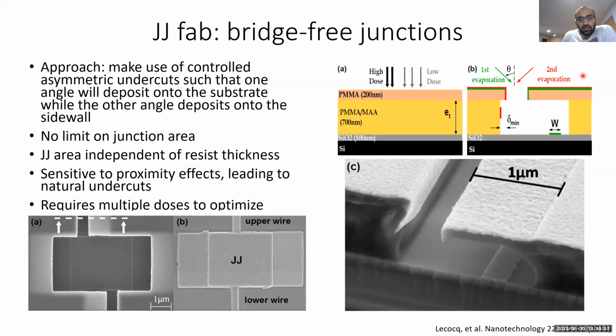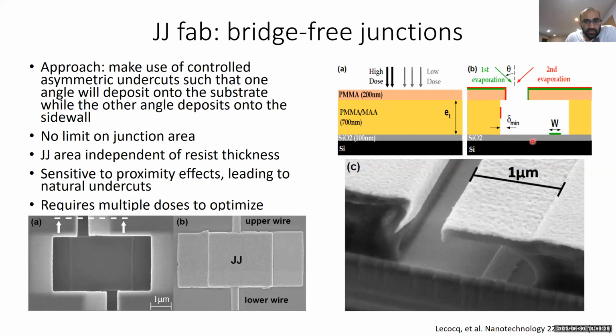Importantly, the reason this works is that in these areas where you have your junction leads, one of the evaporations will deposit onto a sidewall. Ideally this sidewall will be a straight sidewall, but you see that you also have a little bit here that's been developed away by a distance called delta min.